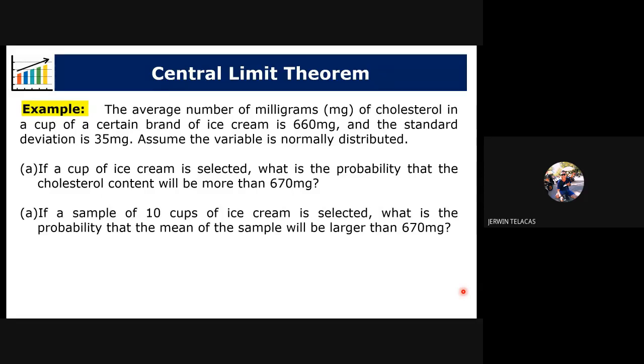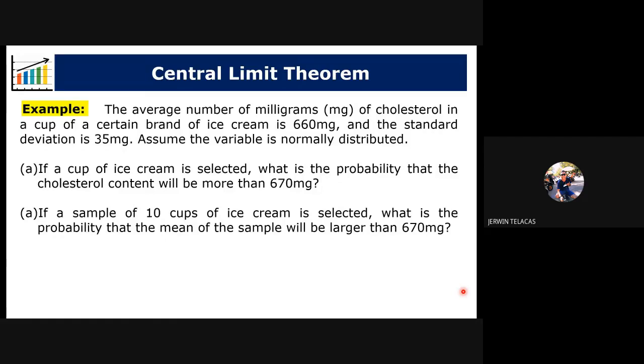The average number of milligrams of cholesterol in a cup of a certain brand of ice cream is 660 milligrams, and the standard deviation is 35 milligrams. Assume that the variable is normally distributed. Okay.